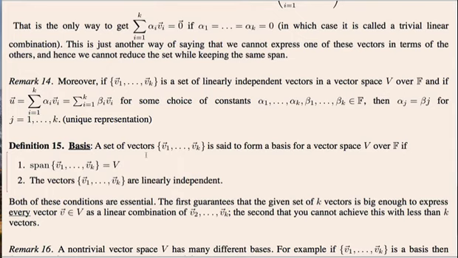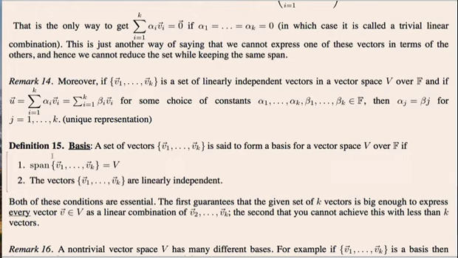A set of vectors v1, ..., vk is said to form a basis for a vector space V over F if, condition 1, the span of v1, ..., vk equals the whole space V, and second, the vectors v1, ..., vk are linearly independent, or more precisely, the set of vectors is linearly independent. And both of these conditions are essential.